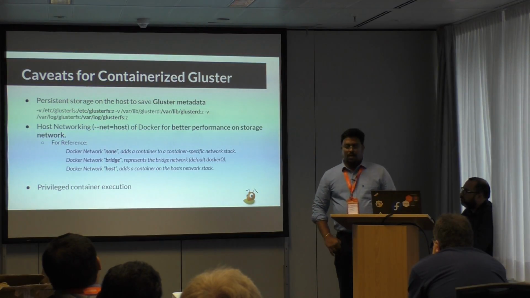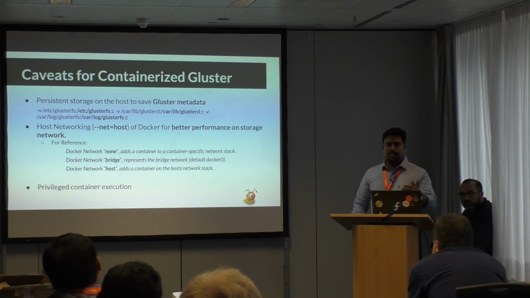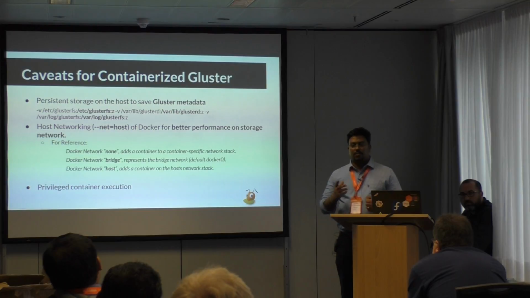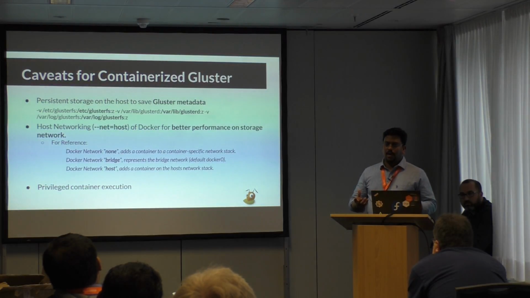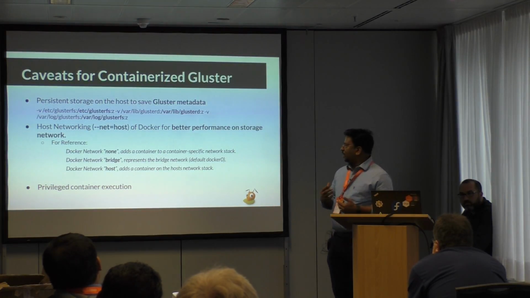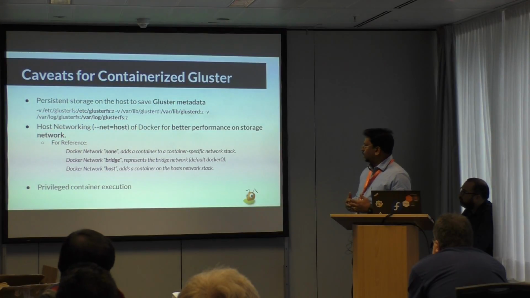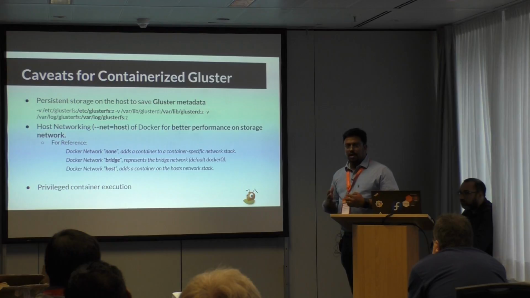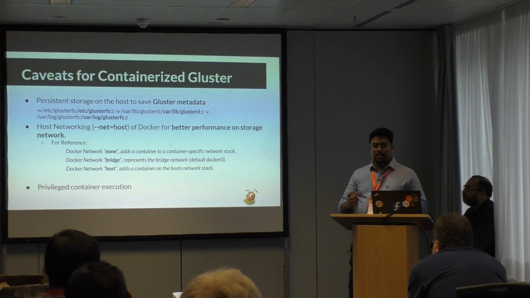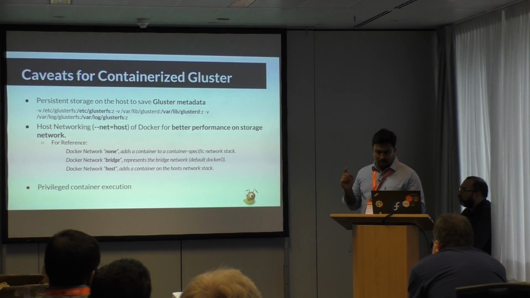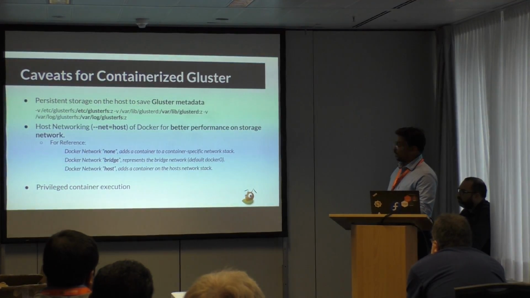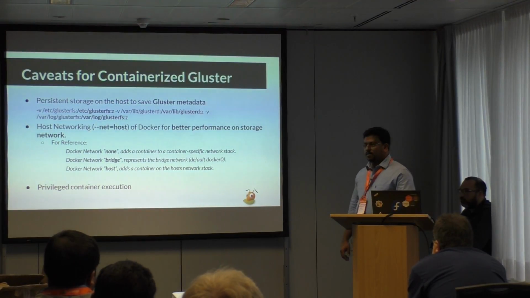What it does is, it exposes the host networking stack to the container, so that as a storage appliance, we want maximum throughput in our network card, and we want to get maximum output from the network card. For that, we use --net=host option that allows the container to see the entire host networking stack inside the container. So this is one of the options we recommend, or put it as a best practice for running the Gluster containers. One question here. Yeah, sure.